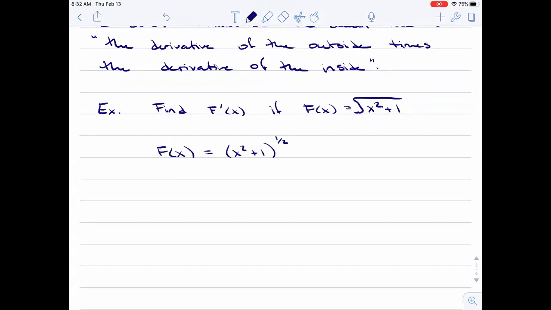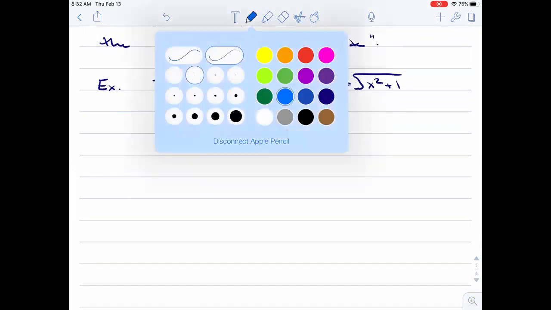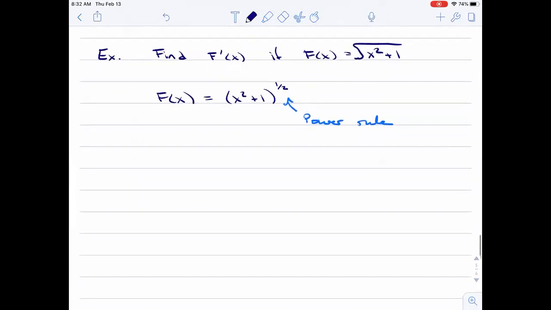Because now I can just use the power rule, which is that we can bring that power out in front and then decrease the power by 1, and that's our derivative.